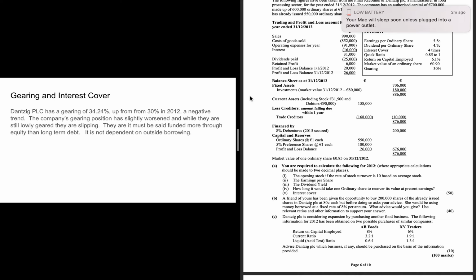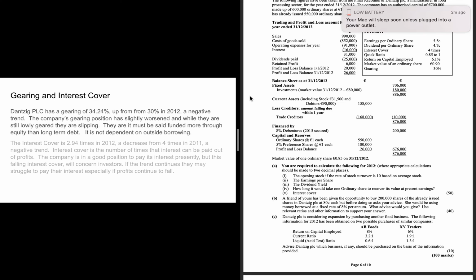It must be said, they are funded more through equity than long-term debt, and they're not dependent on outside borrowing. So it's important to put that in. Not everything has to be negative.